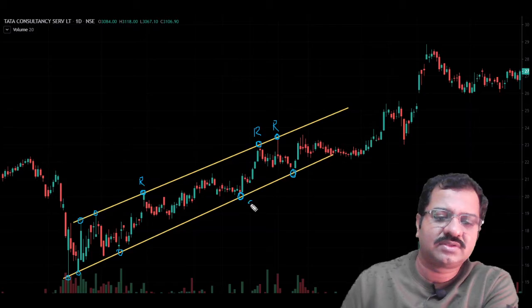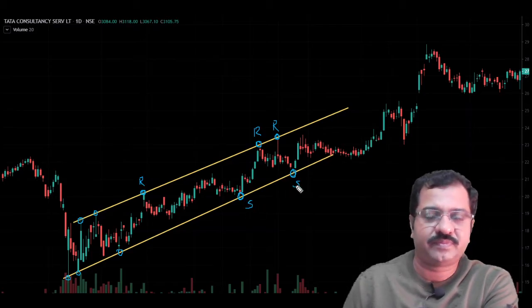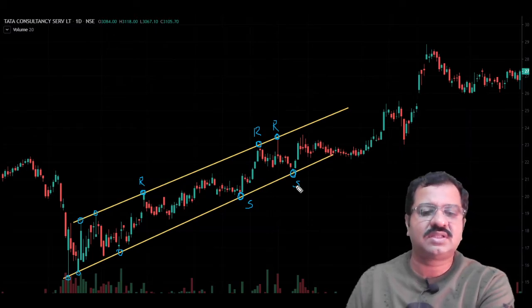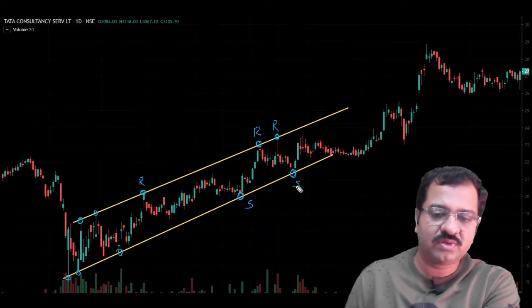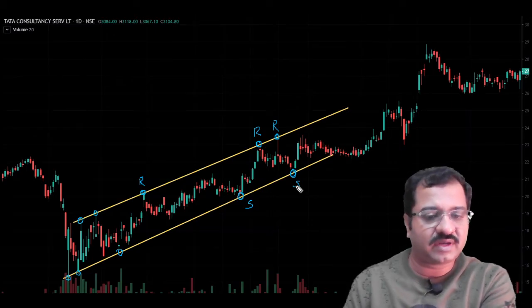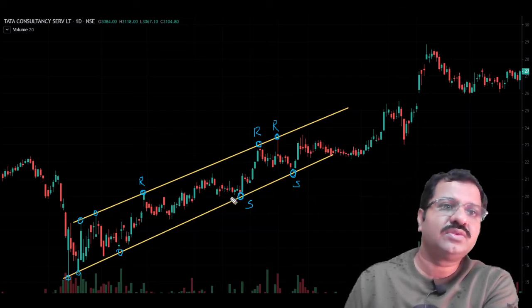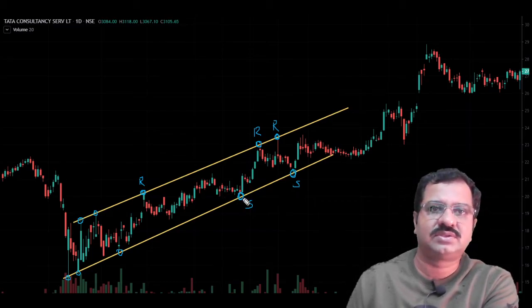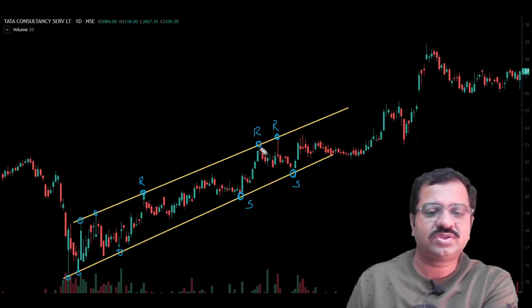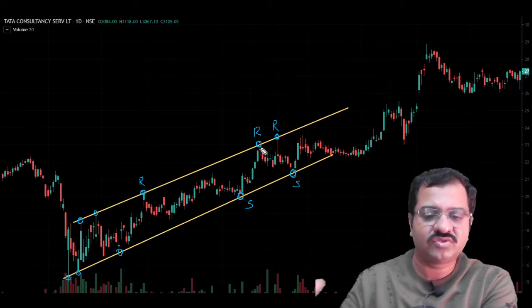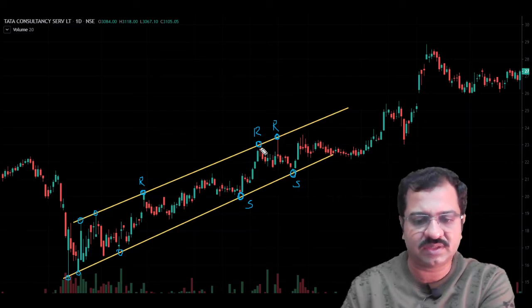These are support points and these are called trend line support. So this is another useful concept. You can trade the trend line, like you will buy when price touches the lower level, and sell when price touches the upper level. This is a channel. We are trading a channel here.